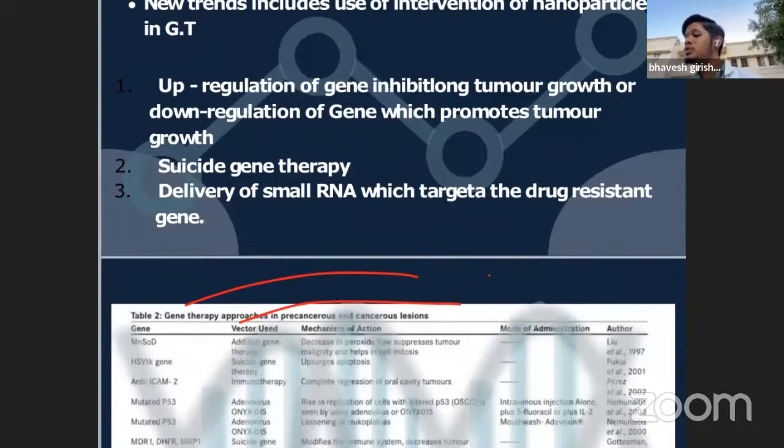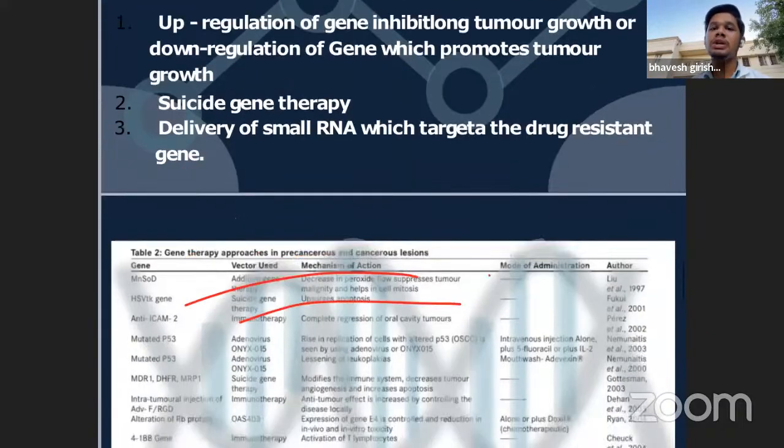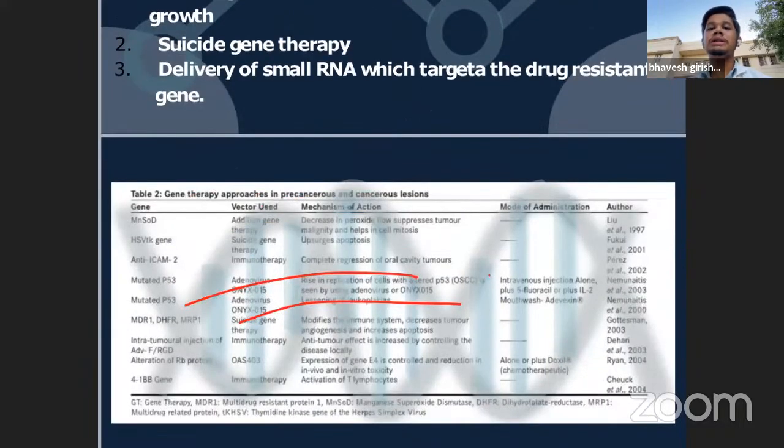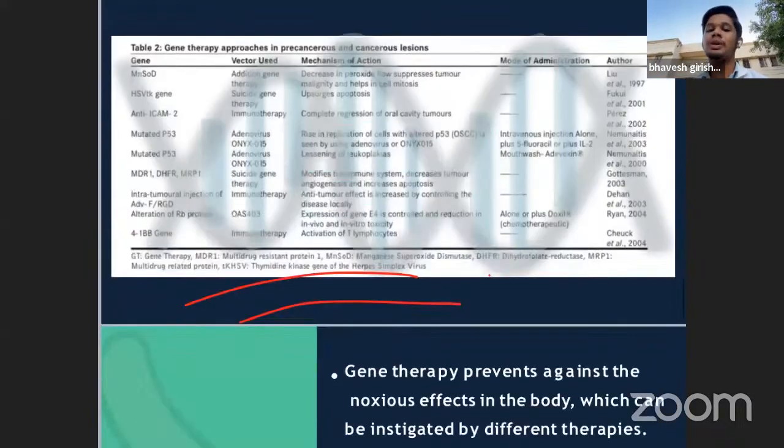It is the most used therapy. Here the therapeutic gene is introduced into the cell, which permits expression of an enzyme that transforms a non-toxic drug into a cytotoxic substance, and it then kills the carcinogenic cell. The third objective is delivery of small RNA which targets drug resistance.